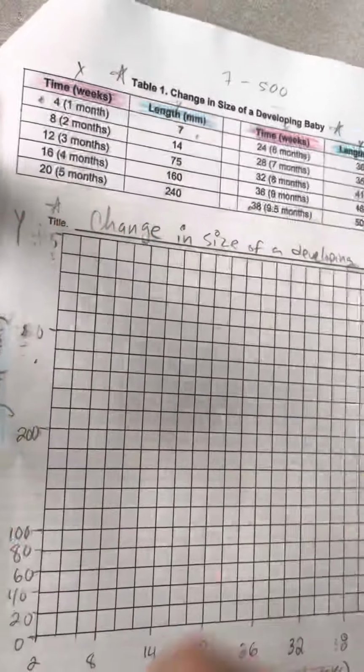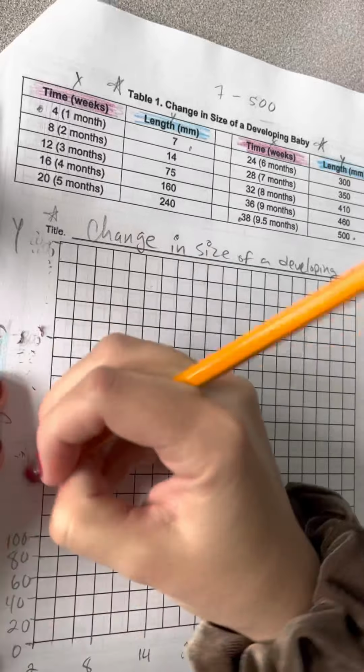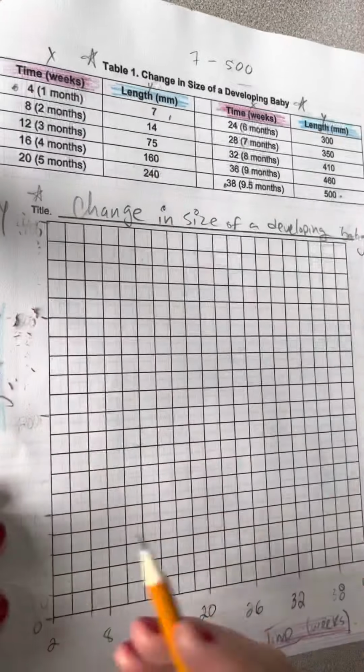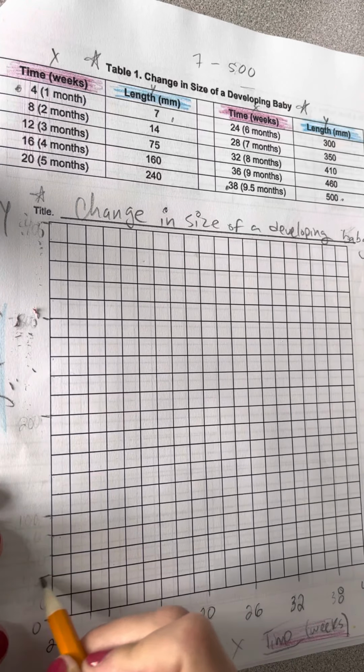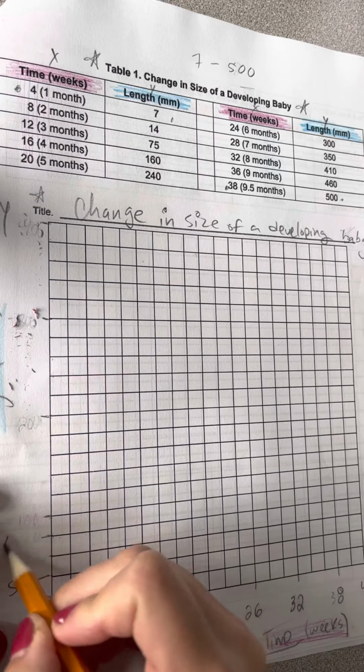So I'm going to change my intervals to make them higher. And I'm gonna make every other line be 50. So going up by 25s.